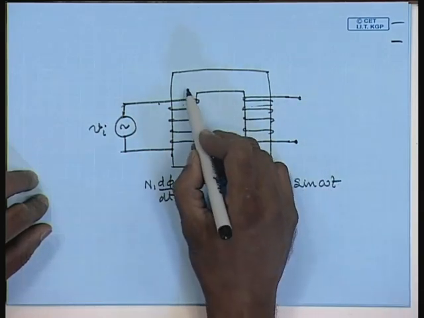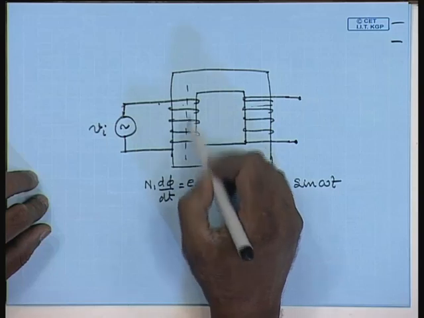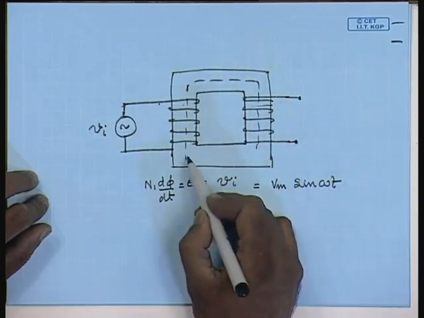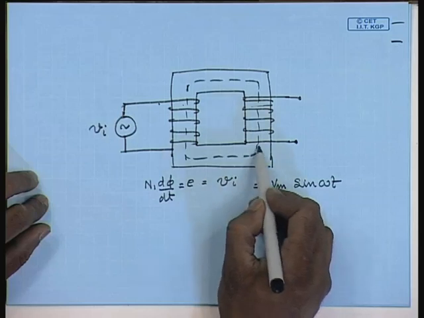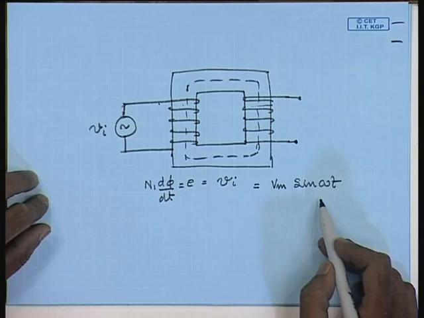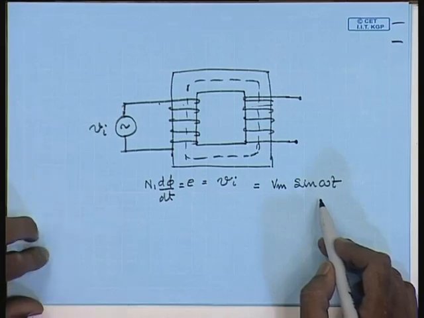So, the flux in the core will be a sine wave. And the flux will also lag the applied voltage by 90 degrees.